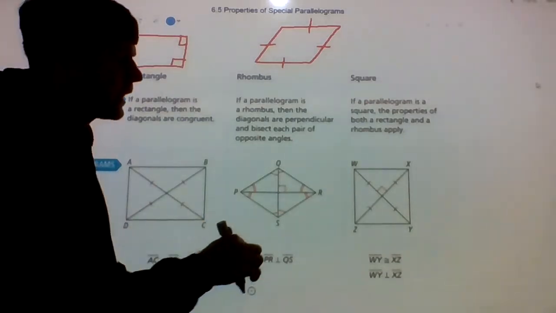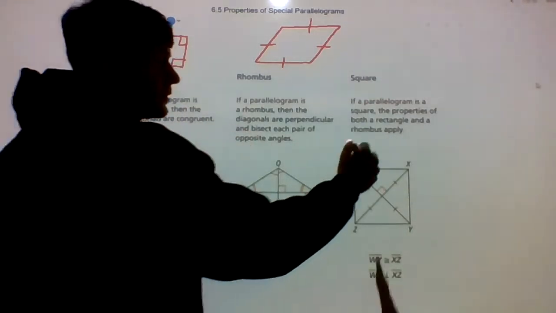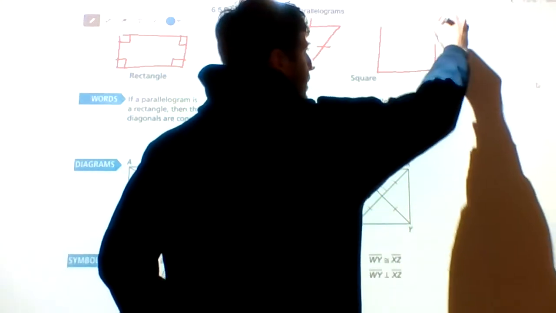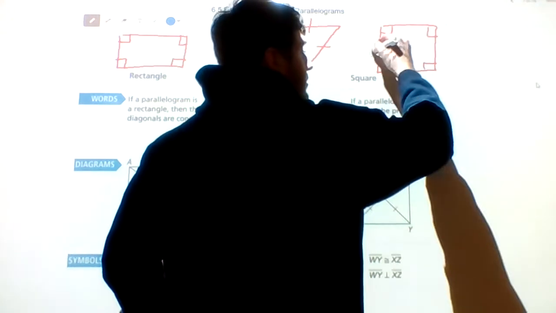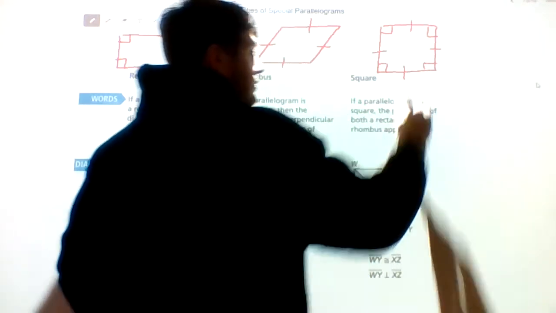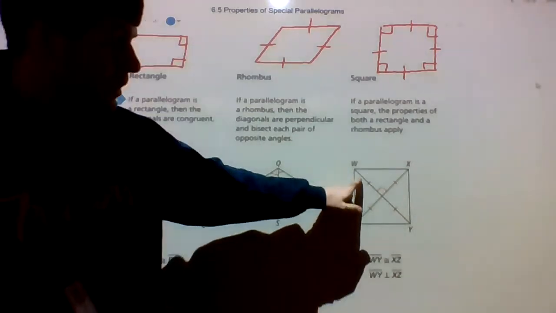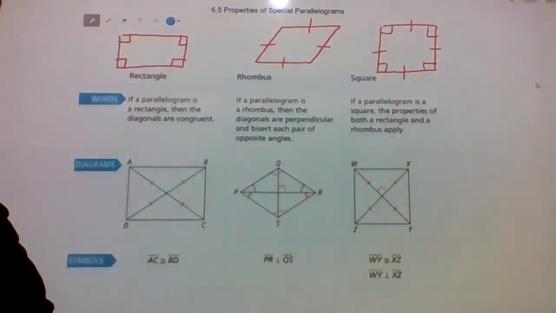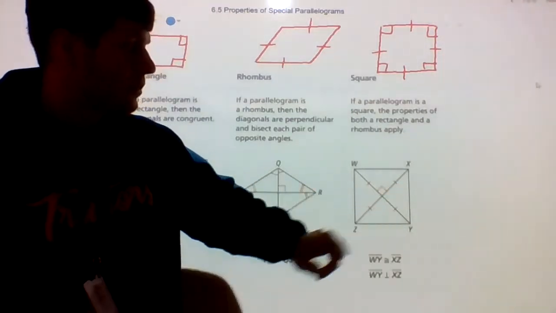Okay, and then a square has everything. It has all the things from a rectangle and a rhombus. It's both a rectangle and a rhombus. Since it's a rectangle, it has 4 right angles, and since it's a rhombus, it has 4 congruent sides. Since it's a rectangle, the diagonals are congruent, and since it's a rhombus, the diagonals are perpendicular, so you have 90 degrees in the middle as well.